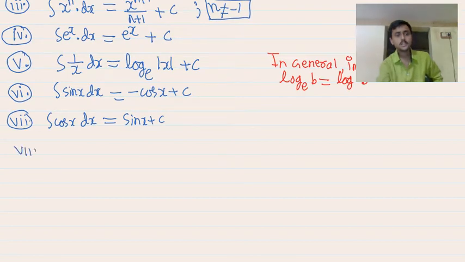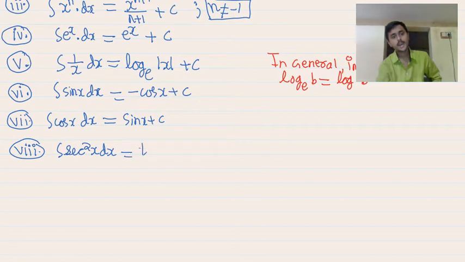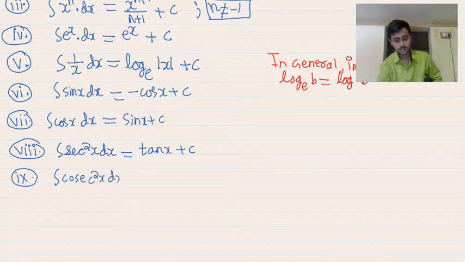The integration of sec squared x dx is equal to tan x plus c. The integration of cosec squared x dx is equal to minus cot x plus c.